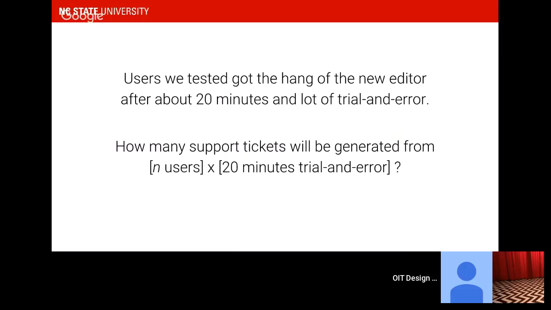One other thing that we sort of discovered that I think is interesting is we sort of anticipated power users would have more trouble than users who are new to WordPress.